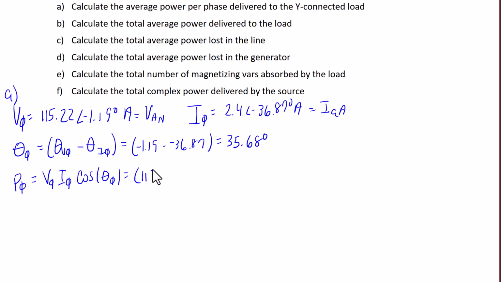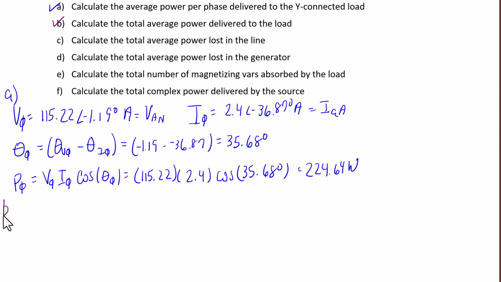So that's 115.22 times 2.4 times the cosine of 35.68 degrees, which is 224.64 watts. Part B is to calculate the total average power delivered to the load.